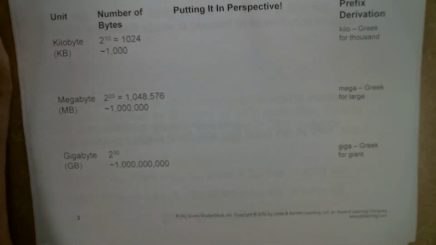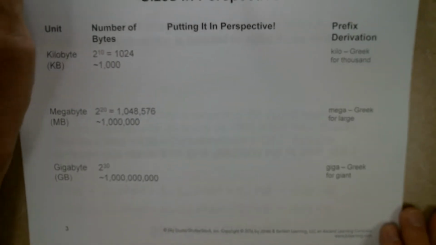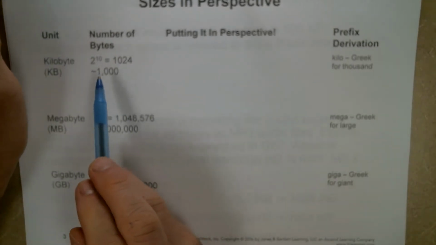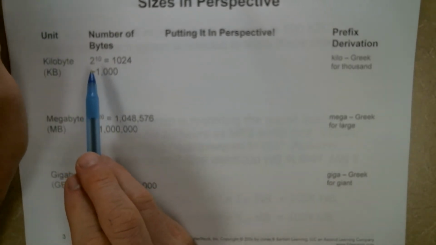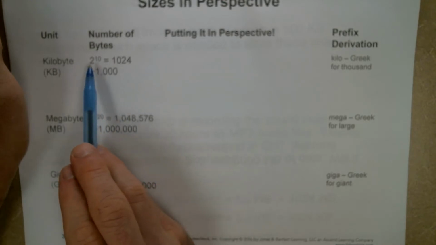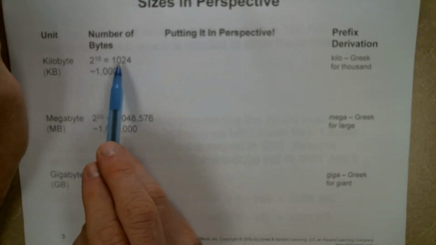First thing we're going to do is make sure that you have some fluency when talking about different units of storage. If we think back to Unit 1, we learned that there are 8 bits in a byte, and there are 2 to the 10th bytes in a kilobyte. Again, everything's in terms of binary.